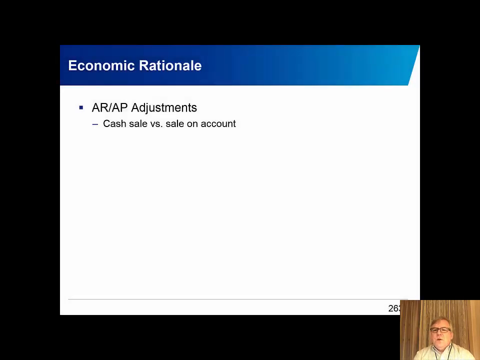So we talk about accounts receivable and accounts payable adjustments, and we think of it in terms of the difference between a cash sale and a sale on account with terms. But in reality, firms are not all one or the other. There's a wide range of mixture, and different clients might actually negotiate different terms.